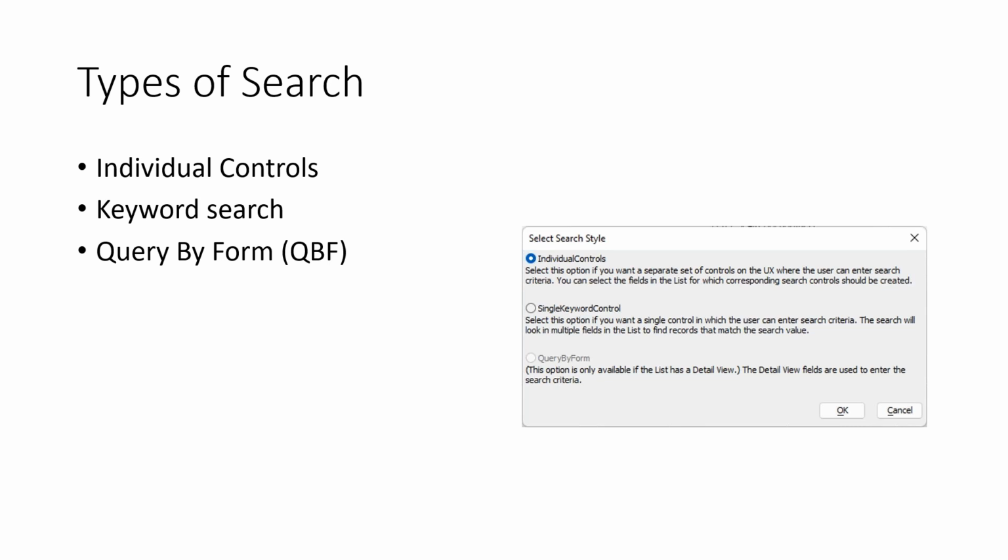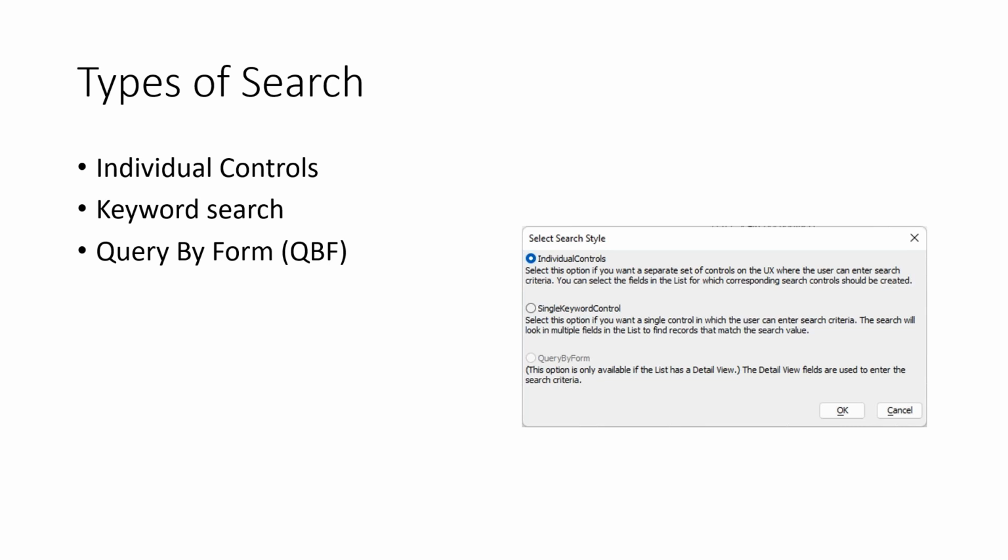The three main types of search that we present to you are very easy to drop in, we've got genies to generate them for you, and they also include a bunch of functionality around them. They are searching with individual controls, where a single control maps to a single field in your data; the keyword search, so one search box to search any number of fields in your data; and then something called query by form, which for those of you who've been around with us for a while, you probably know what that is.